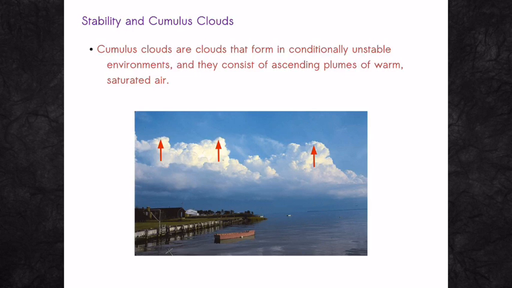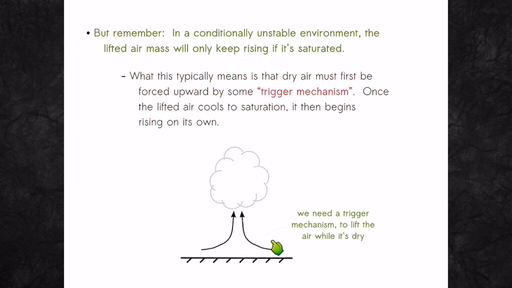What this means in practice is that in order to get a cumulus cloud going, you're going to have something to take the dry air down here below the cloud and push it upwards until it's saturated. Once it's saturated and becomes cloudy, then the conditional instability kicks in and it'll rise on its own. But you're going to need something to push it upwards to get that to happen, because the dry air doesn't want to rise.